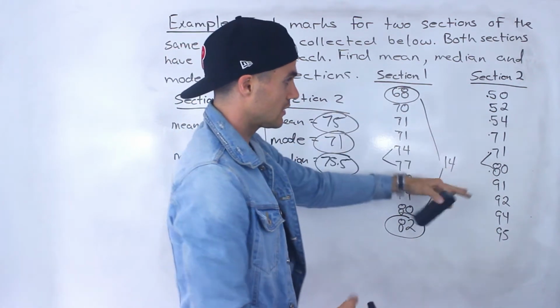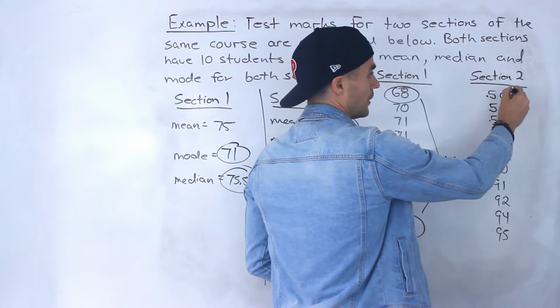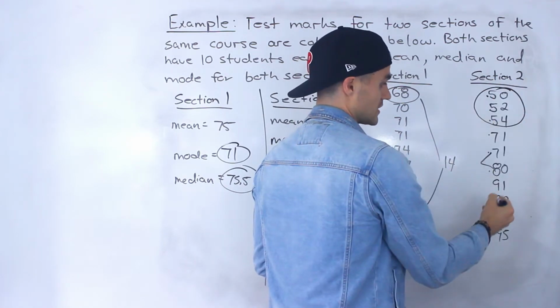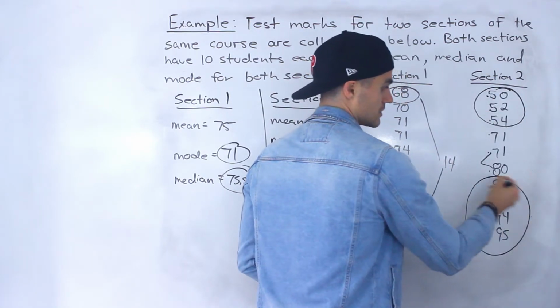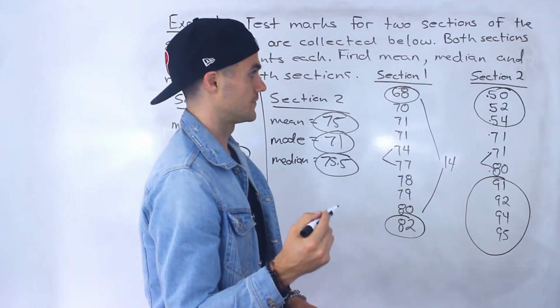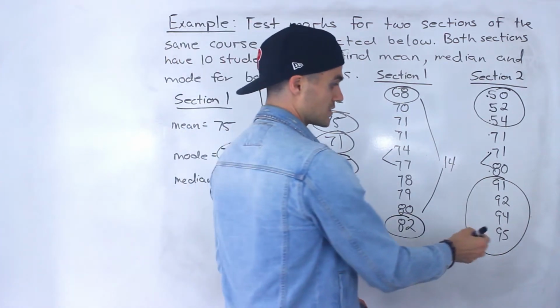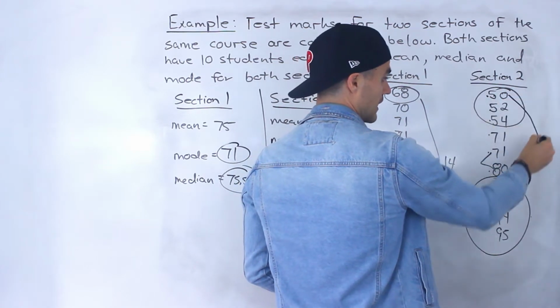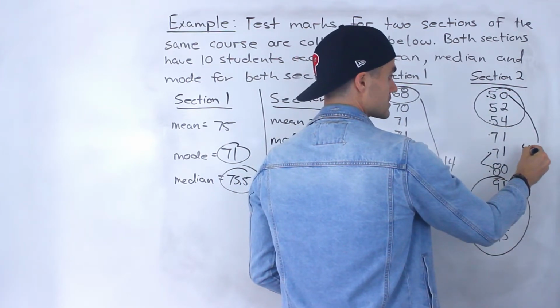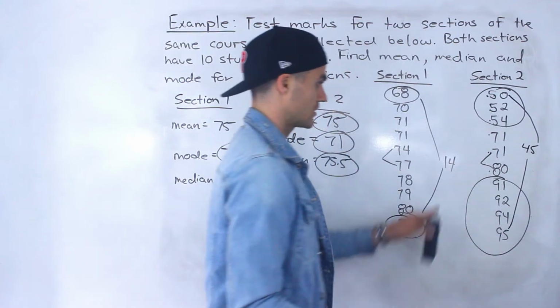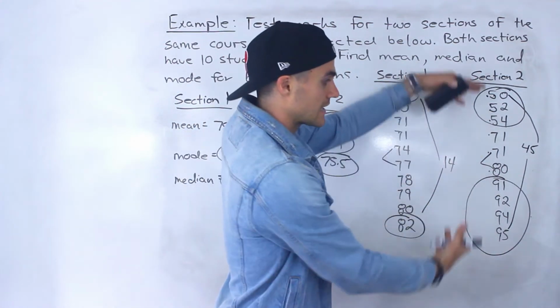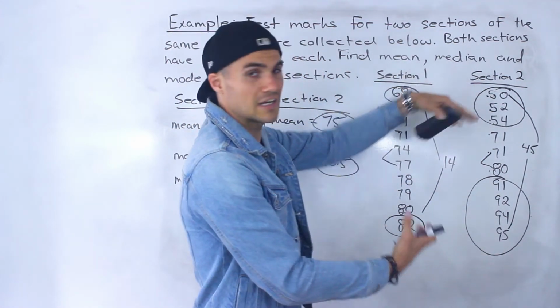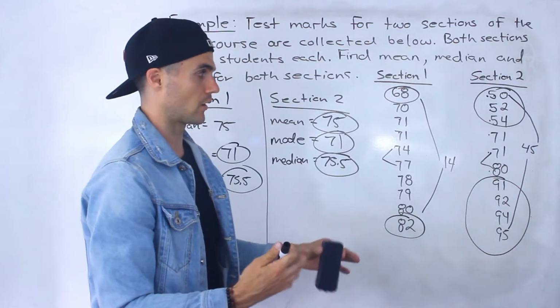Versus the data over here, notice it's really spread out. We have a bunch of marks in the 50s, and then we have a bunch of marks in the 90s. Right? And if we take the difference between that largest value and the smallest value, notice it's 45 compared to 14. So that data is more spread out, meaning that it's varying more.